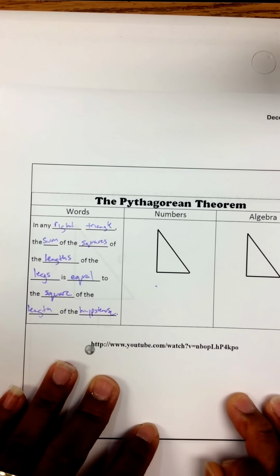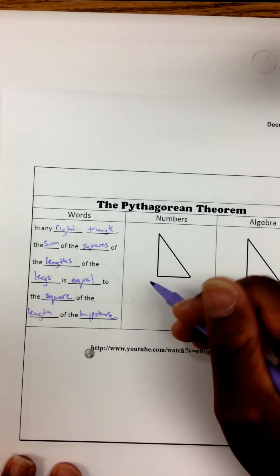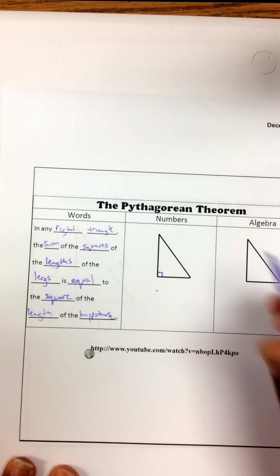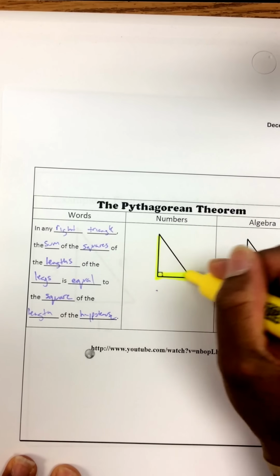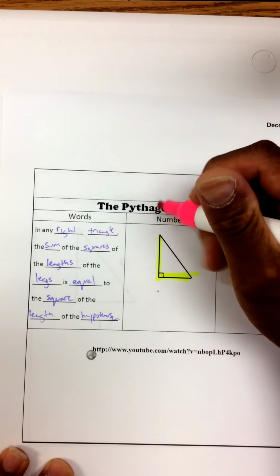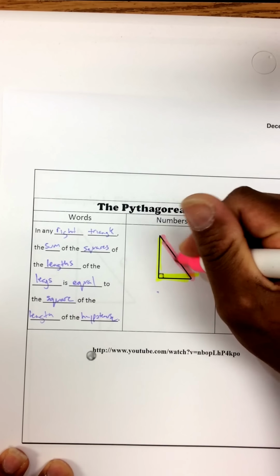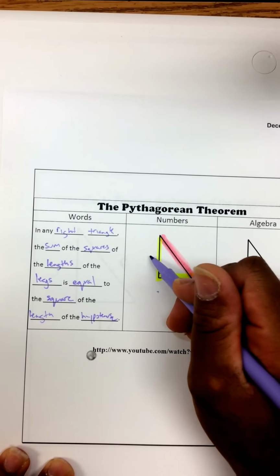Okay? So for instance, let me go in here and talk about what are my legs. If I look right here, these are my legs, and my hypotenuse is always opposite of the legs. So that helps me understand what is what. So I'm just going to put some numbers on here.